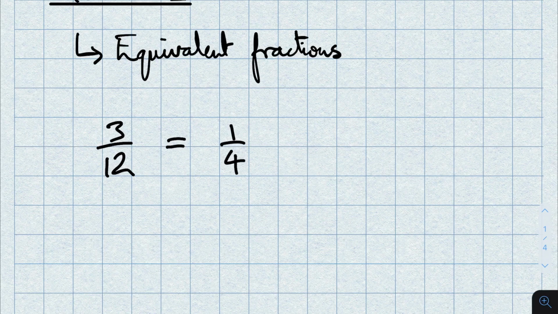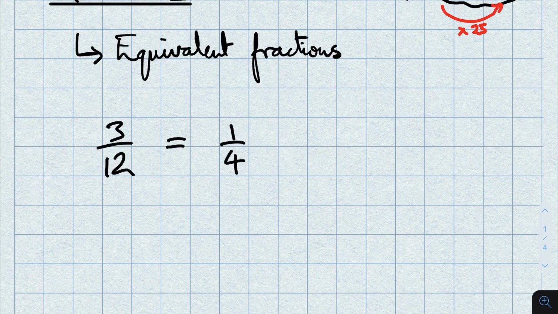Now, if we go back to that thought that we had at the beginning, that a quarter is equal to something out of 100. What can we do? Well, we know that there are 25 fours in 100. If we counted in fours, it would be the 25th multiple of 4.